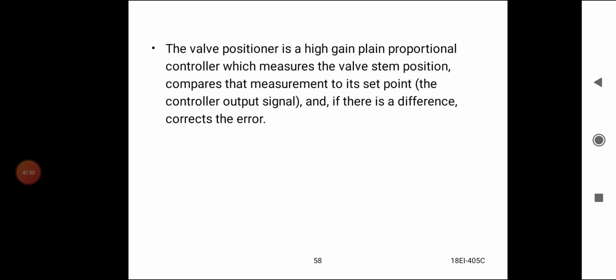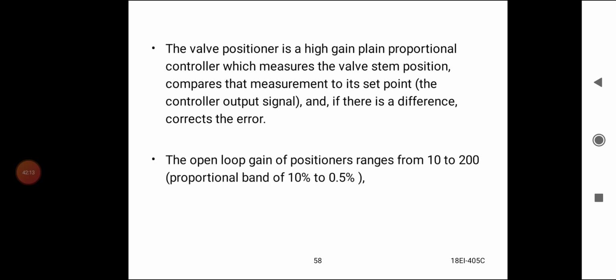The valve positioner is a high gain plain proportional controller which measures the valve stem position and compares that measurement to its set point, that is, the controller output signal, and if there is a difference, corrects the error.